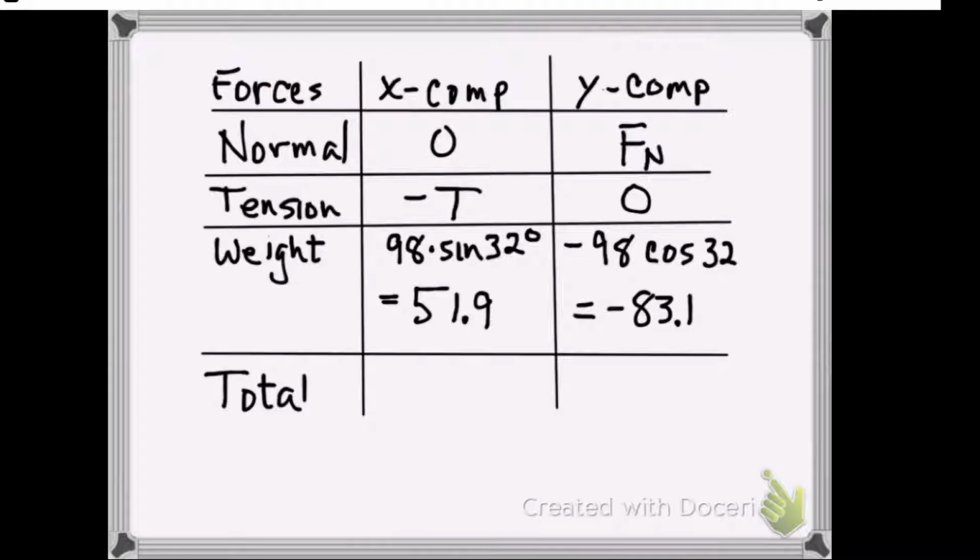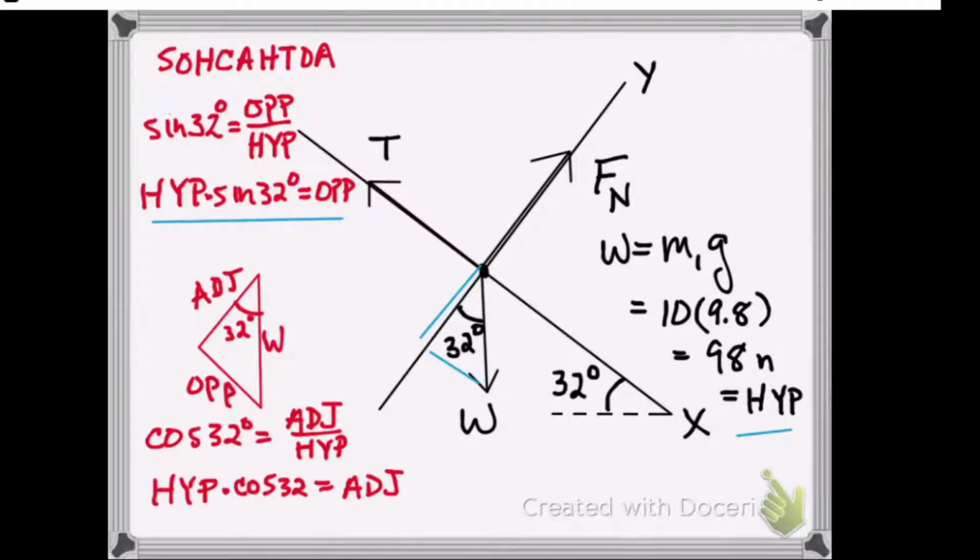So how does that work in our chart? Well, in our chart, what this means is that this is going to be M1 times A, where M1 is 10 kilograms, so that's going to be 10A. In the y direction, the forces are going to balance. This object is not going to accelerate in the y direction.